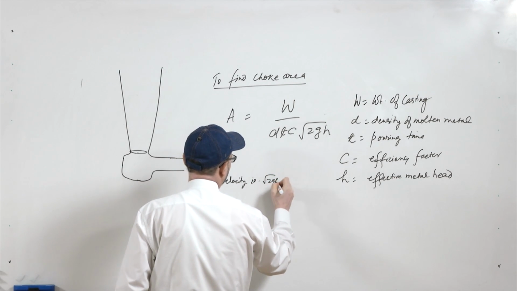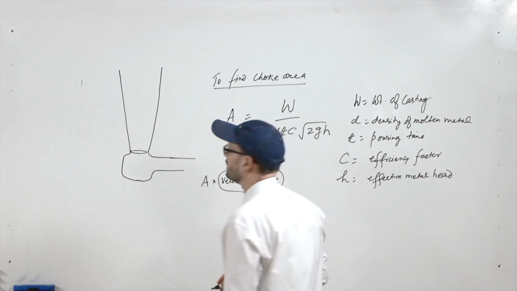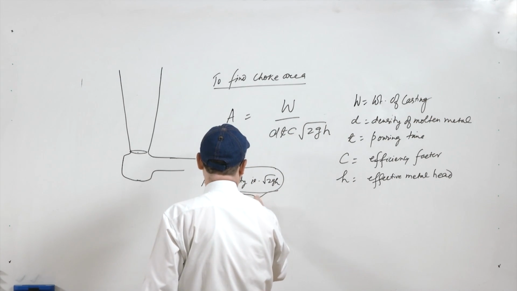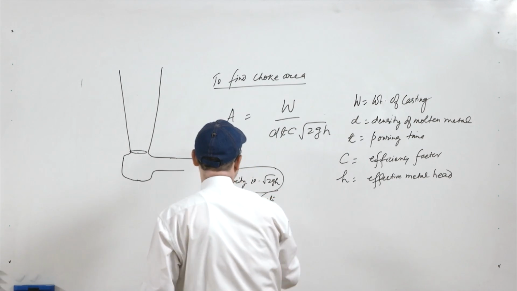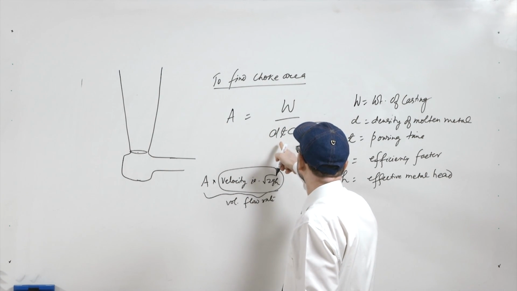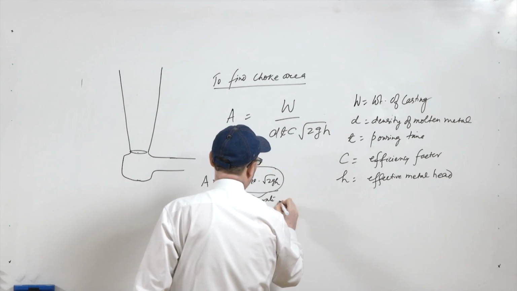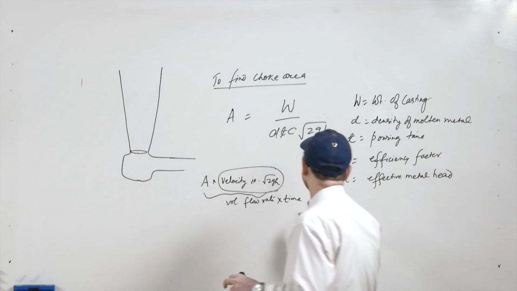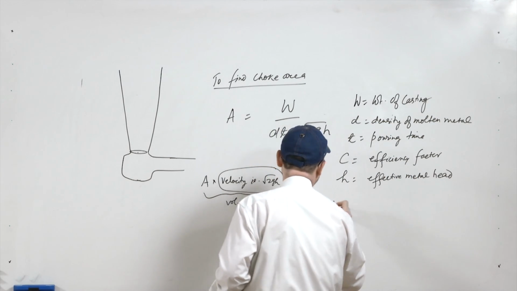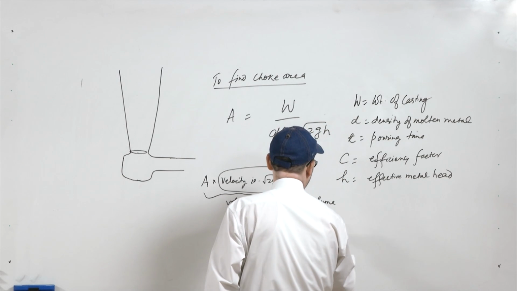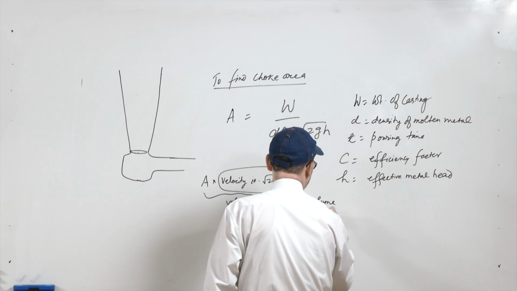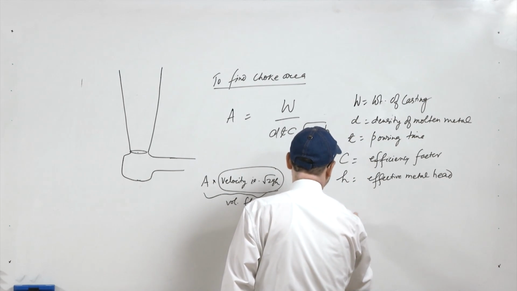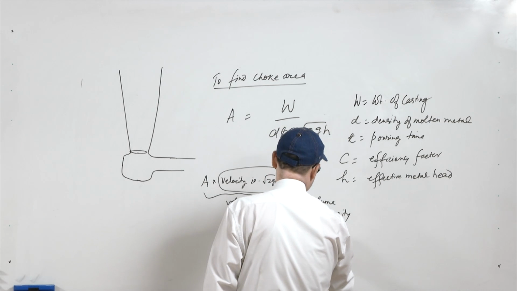This is multiplied by the time, so that gives you the volume of the liquid metal. Once this volume is multiplied with the density, that gives you the mass, that is, the weight of the casting.